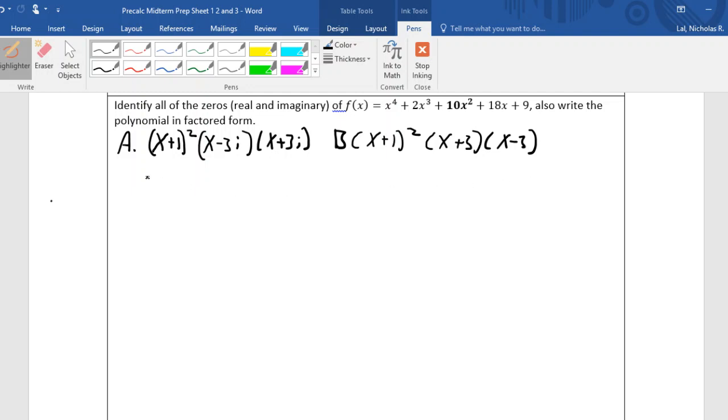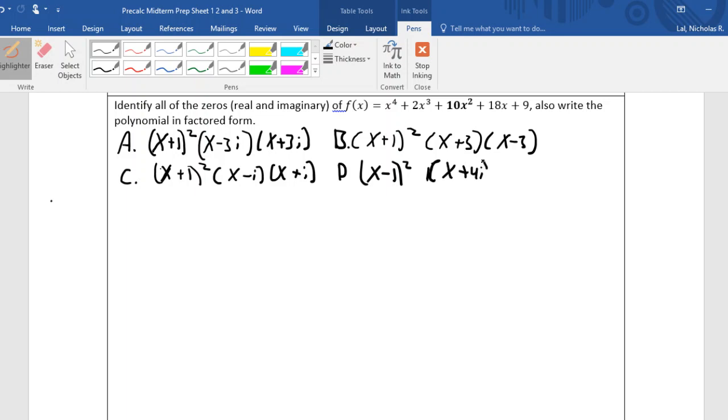Answer choice C will be x plus 1 squared, x minus i, x plus i. And answer choice D will be x minus 1 squared times x plus 4i, x minus 4i.